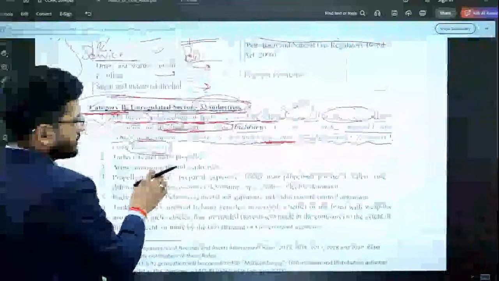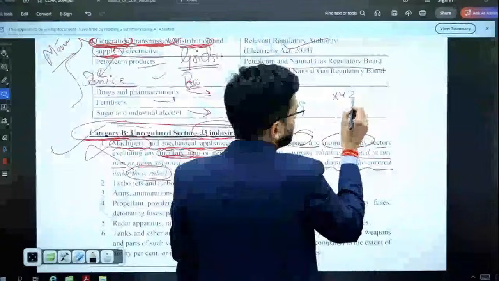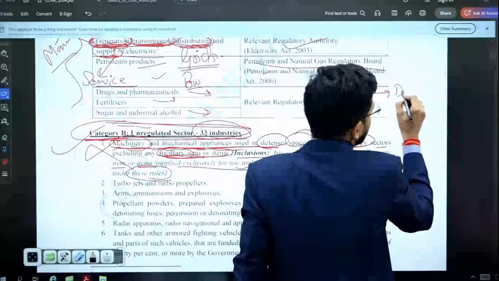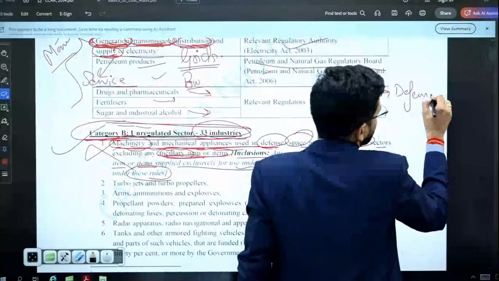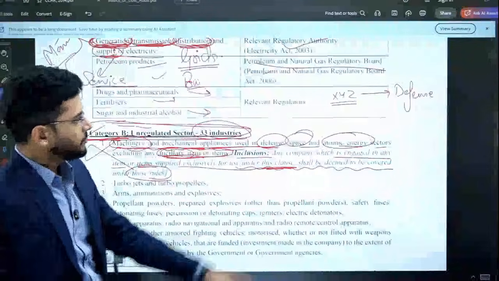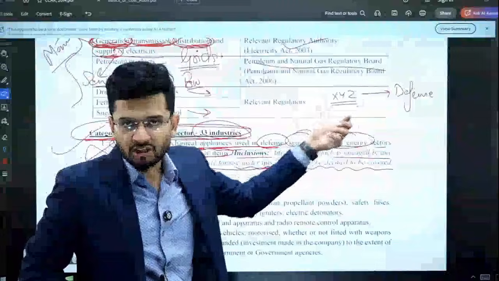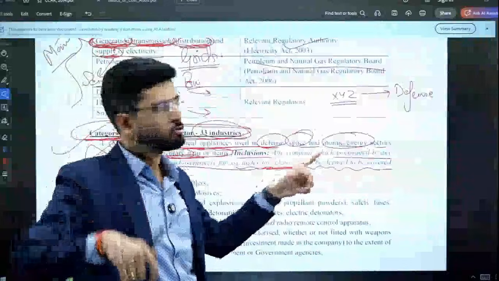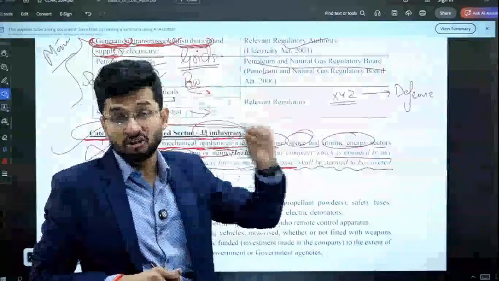So I'll tell you a very simple example. There's a company XYZ. It produces some equipments or machinery or mechanical appliances which is supplied to defense, not the arms, ammunition, no, some mechanical stuff, some machinery.